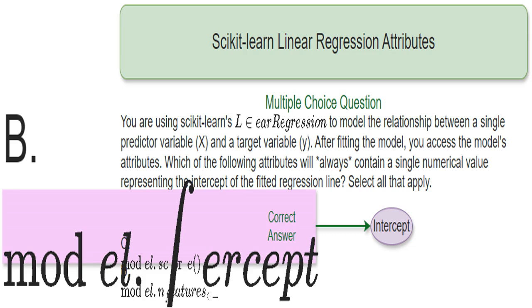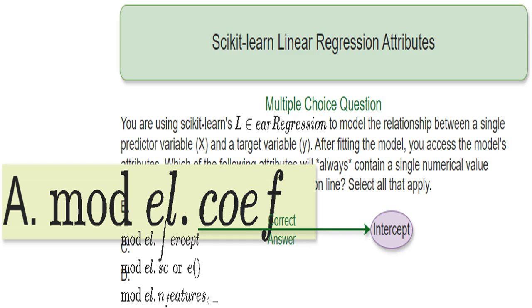This attribute, model.intercept_, directly provides the y-intercept. It's a single number representing where my regression line hits the vertical axis. That's exactly what I need. The model.score method calculates r-squared, which tells me how well the line fits my data, not the actual intercept.